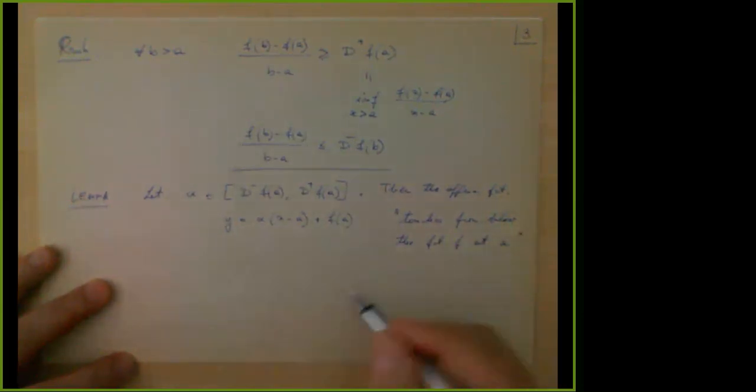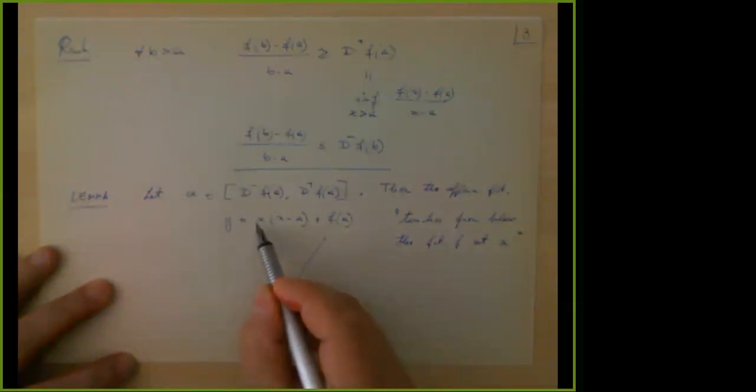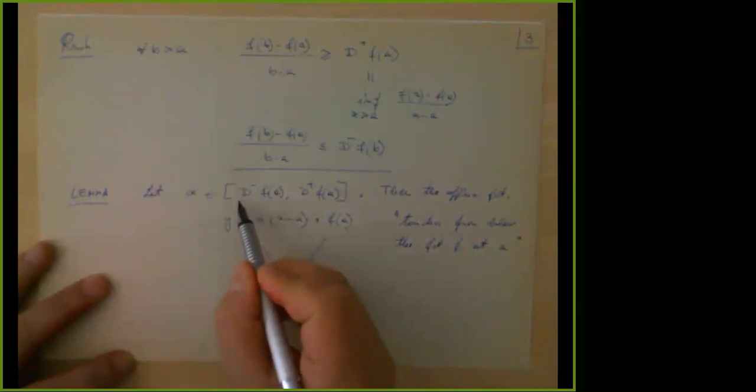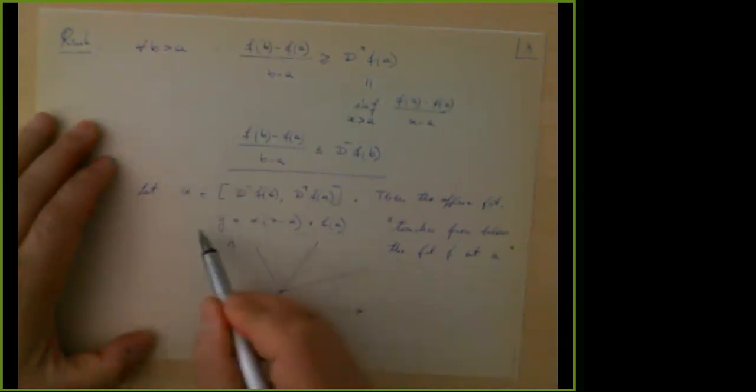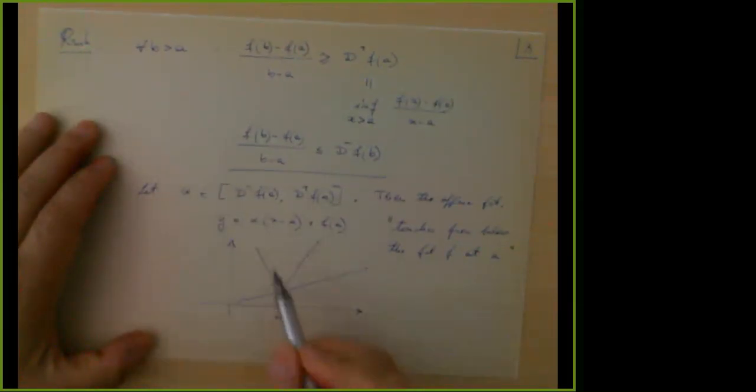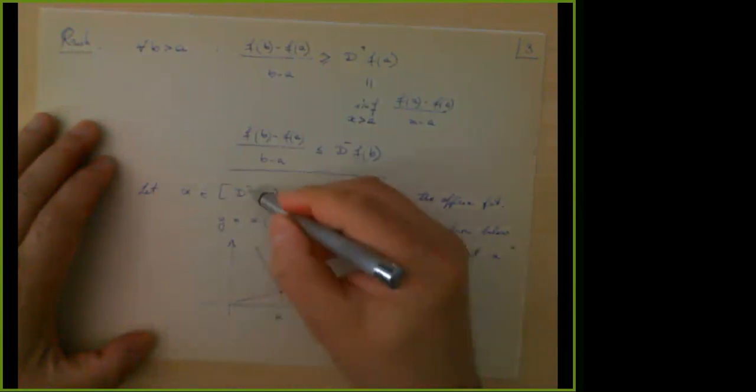What does this mean? Well, it simply means something like this: if you have even a very regular convex function like this, then you take any alpha which is between the left derivative and the right derivative at the point a. So suppose that this is the point a, and you take any straight line, any graph of an affine function with an alpha which is between d minus and d plus.